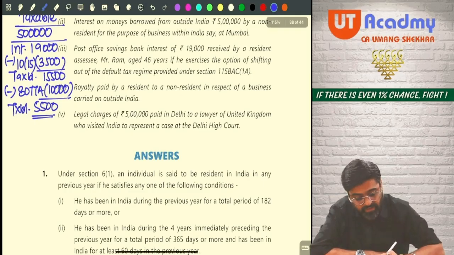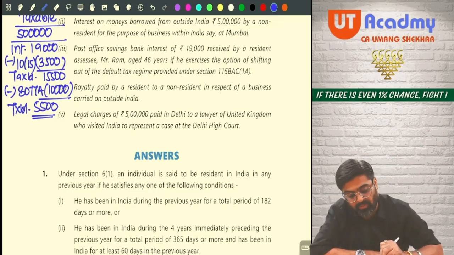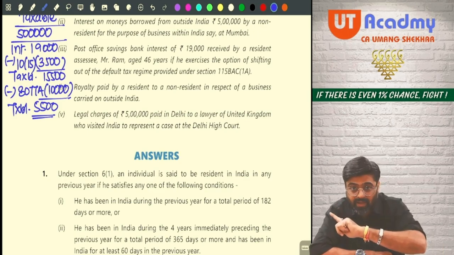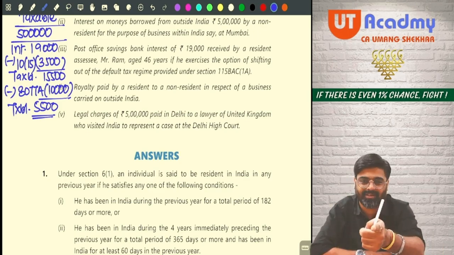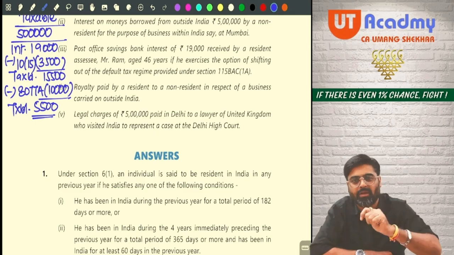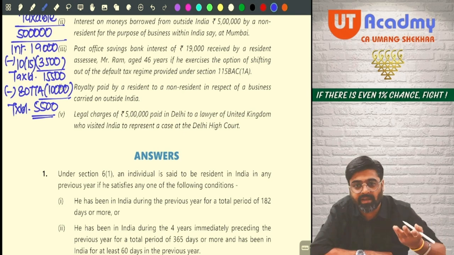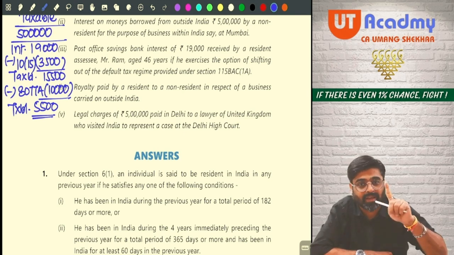Royalty paid by resident to a non-resident in respect of a business carried outside India. Wait. You are an assessee. You are a non-resident. Royalty paid by a resident to a non-resident. So you are a non-resident, receiving royalty from a resident. Usually it is deemed to accrue or arise in India. But one exception was there.